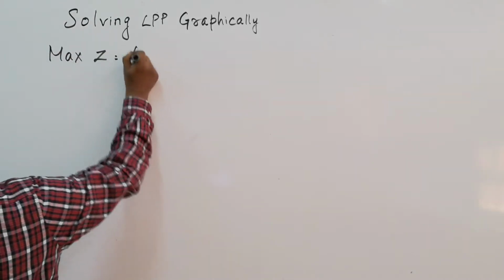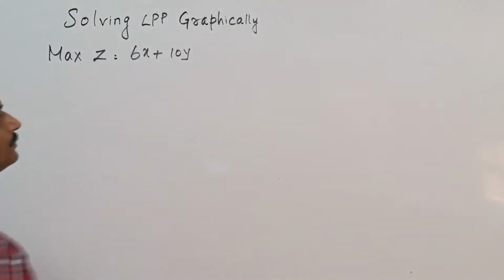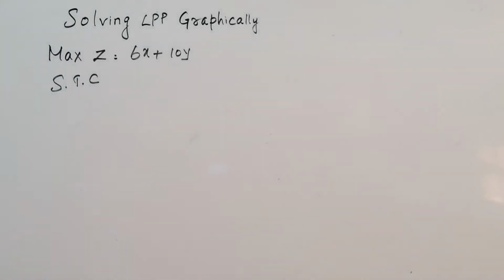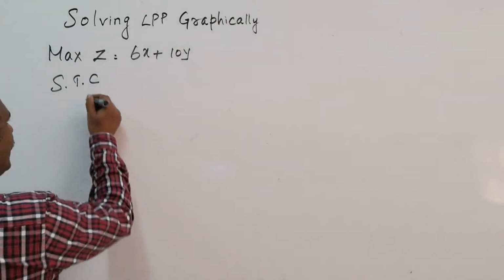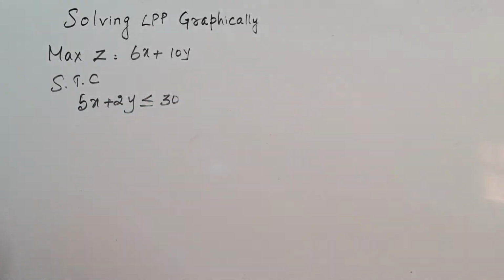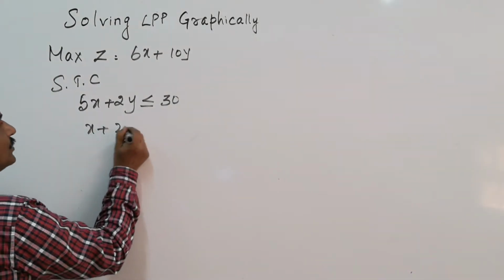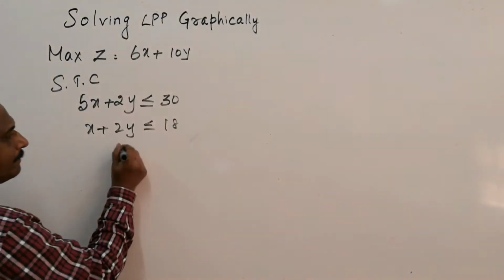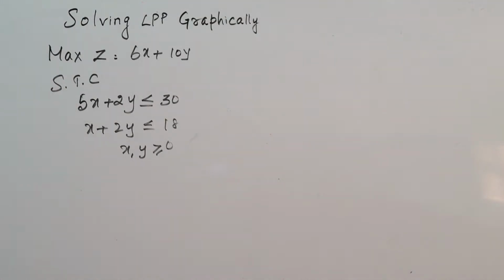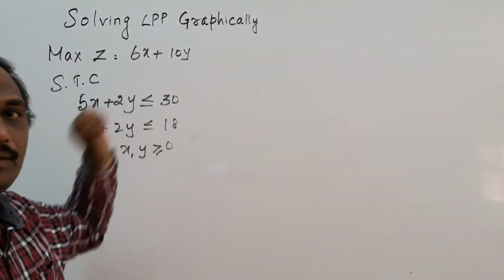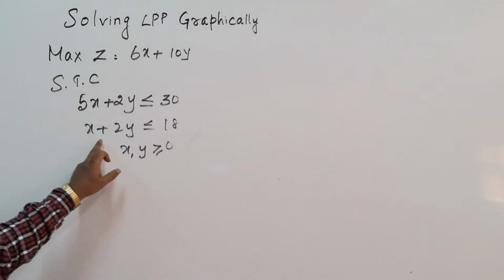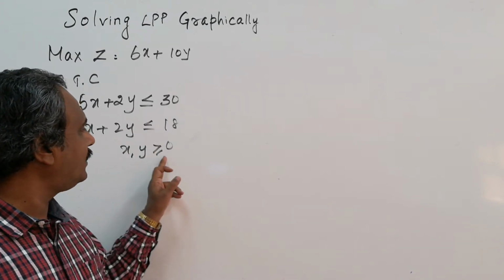Maximize z is equal to 6x plus ny, subject to the constraints 5x plus 2y less than or equal to 30, x plus 2y less than or equal to 18, and x and y greater than or equal to 0.